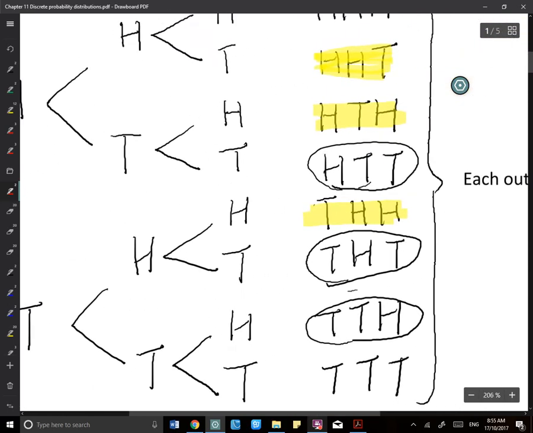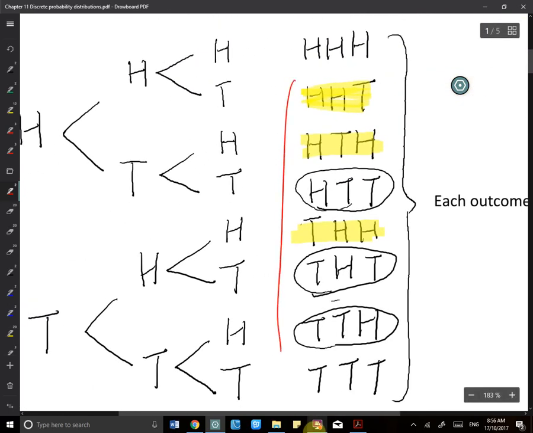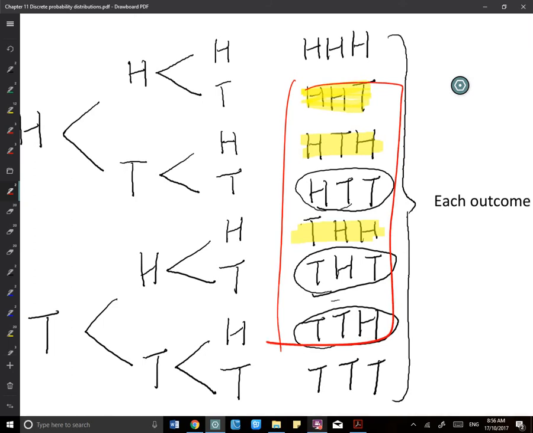Now, what we have left is the middle 6. Can you see the yellow ones I highlighted? They all have 2 heads. How many cases contain 2 heads? 3, right? 3 outcomes contain 2 heads. What's the probability for each of those? 1 on 8. So what's the probability to achieve 2 heads? 3 on 8, that is 3 times 1 on 8.